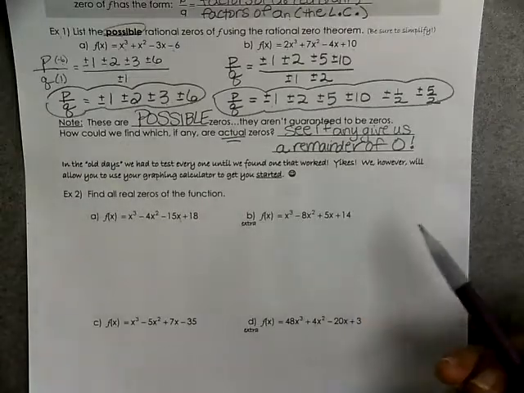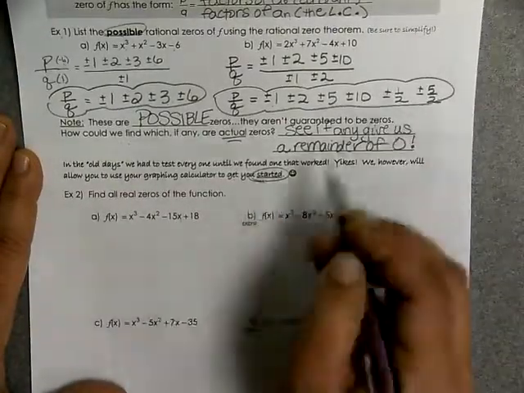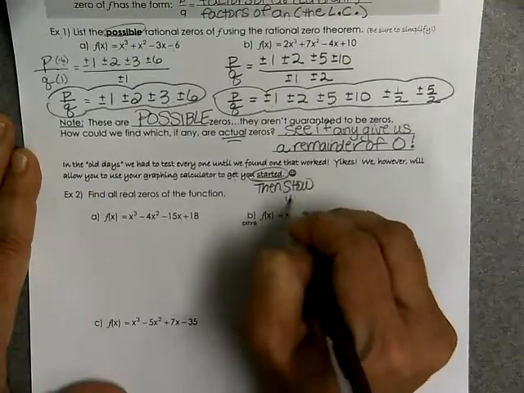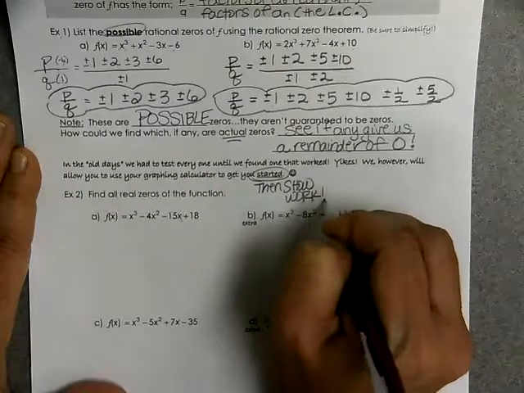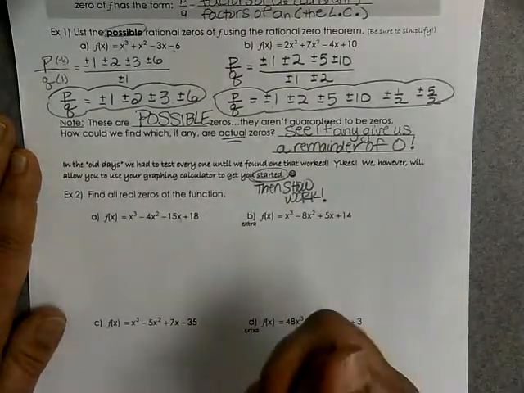But we are going to let you use your graphing calculator to get you started, but then you have to show your work, okay? I can't tell you how many times on quizzes and tests people will just put it in the calculator and get the answer from the calculator.